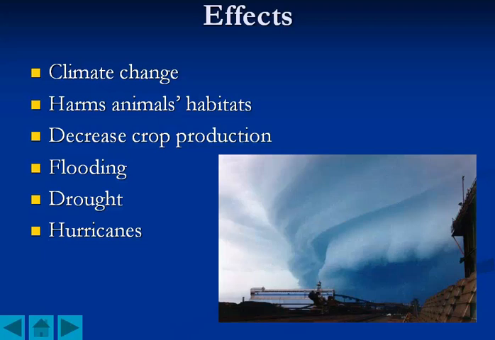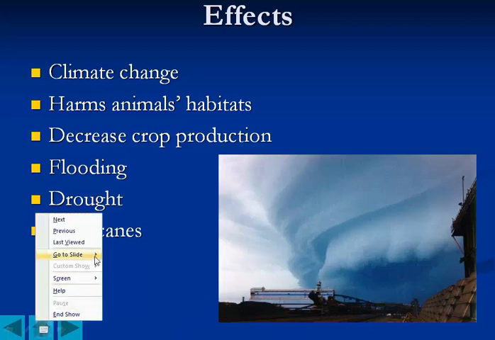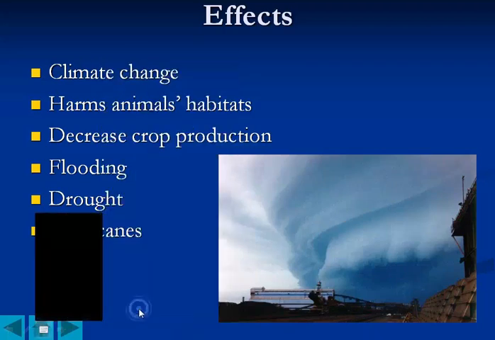So many such reasons of increasing temperature of earth contribute to global warming. Here the climate changes because of global warming harm and destroy animal habitat, decrease the crop production on earth, and heavy flooding, drought and hurricanes occur. This is the impact of global warming.